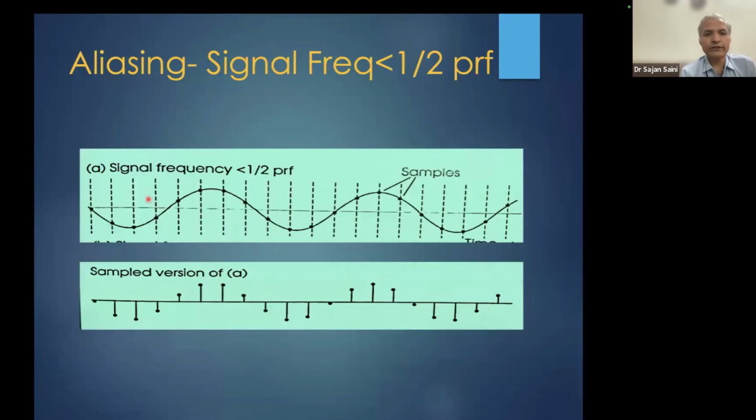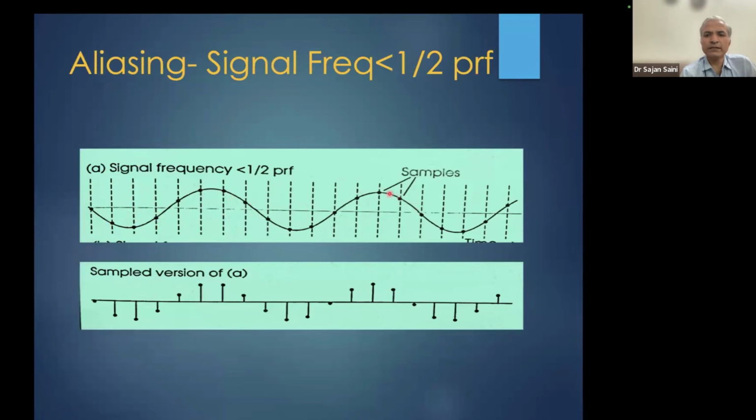So kindly pay attention. Suppose this is the pulse. These are the signals with which I am sending, the pulse repetition frequency. So 1 pulse, 2 pulse, 3 pulse, 4 pulse. I am sending a volume of pulses inside, and this is the sampling frequency.